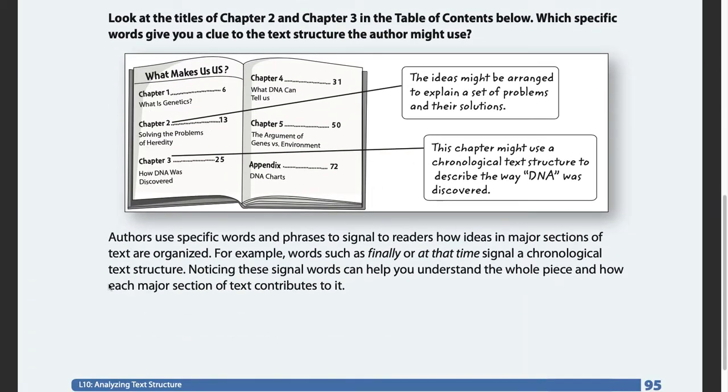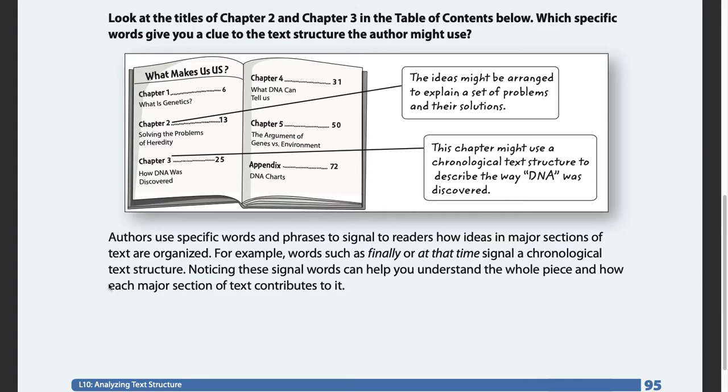This is important: authors use specific words and phrases to signal to readers how ideas in major sections of a text are organized. For example, words such as finally or at that time signal a chronological text structure. Noticing these signal words can help you understand the whole piece and how each major section of a text contributes to it.